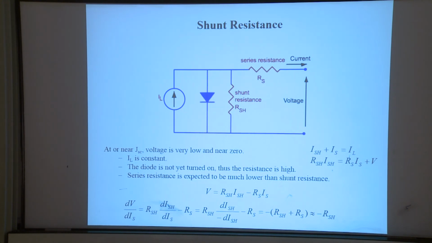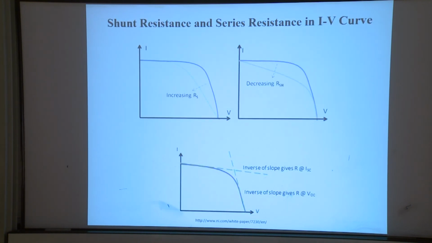So now we know how to observe the effect of shunt resistance and series resistance from the slope near VOC as well as near ISC. But again, you need to keep in mind this is an approximation. You cannot apply this idea to a solar cell made by students in elementary school, because they might have very bad processing.